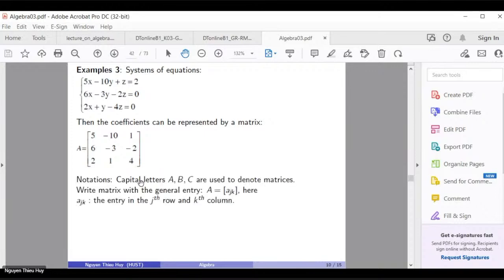And some more notation here. Traditionally, we use capital letters A, B, C to denote matrices, but sometimes you can use a lowercase letter also.